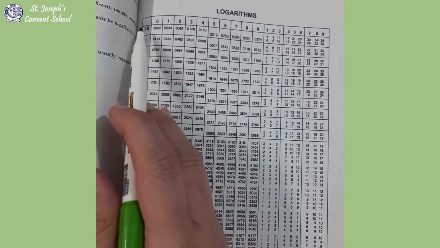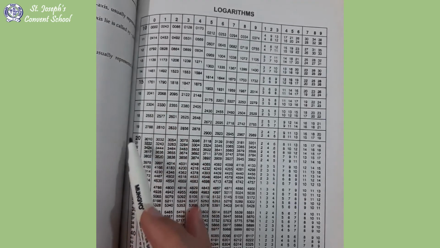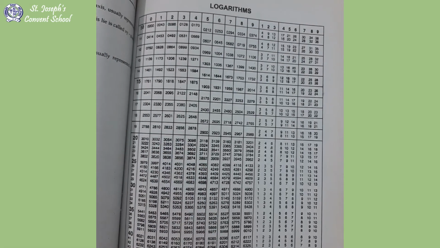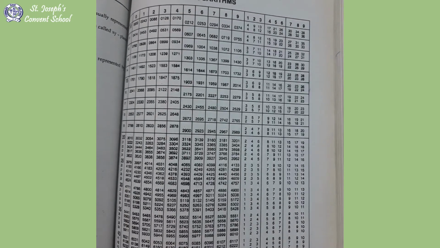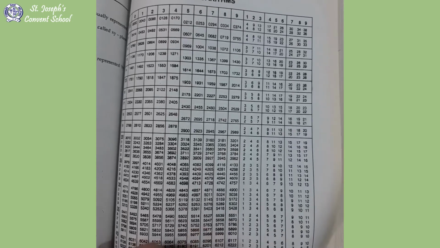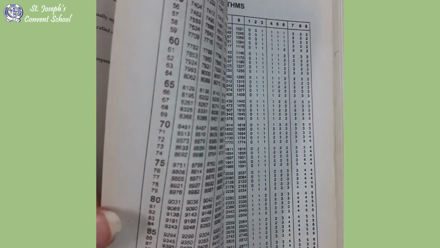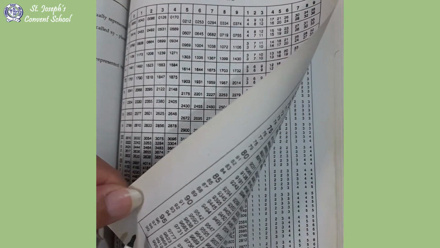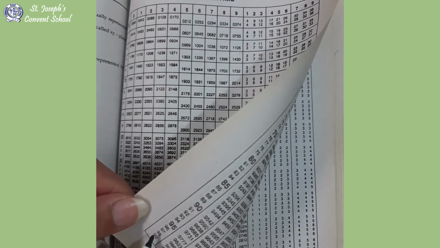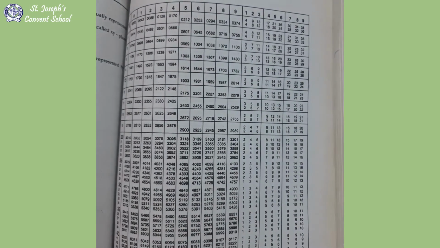There is no single digit, it is starting from a double digit. From 10 onwards, 11, 12, and so on, and then on the next page also. The last value is 99 on the next page. So from 10 till 99 are the values given.